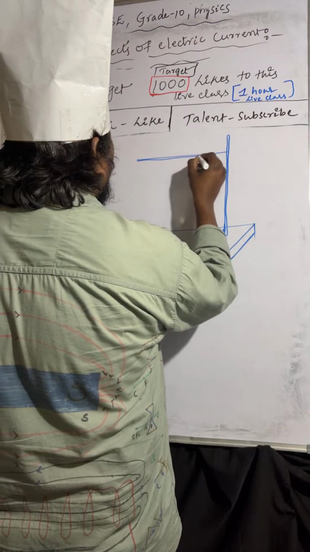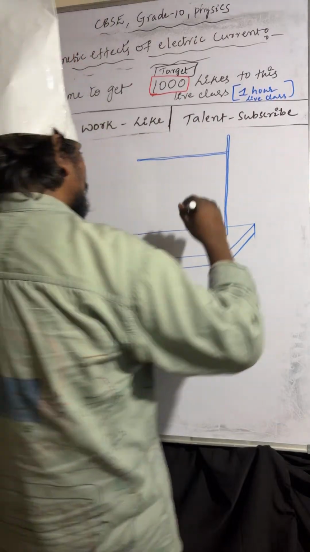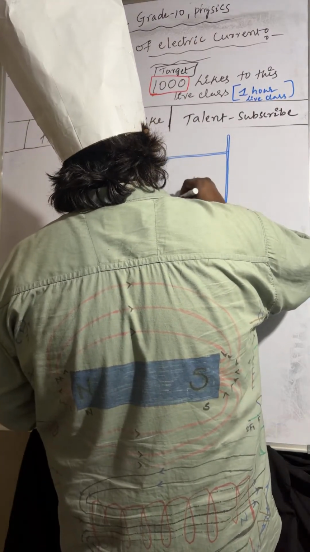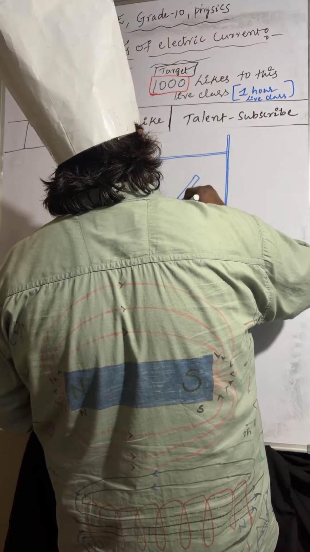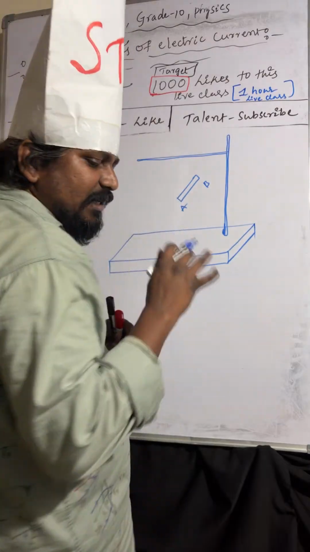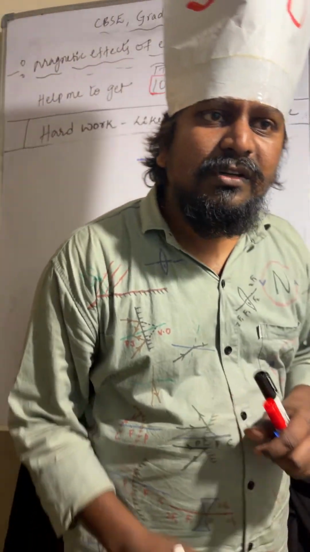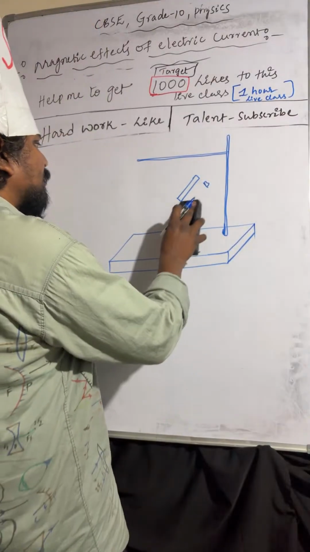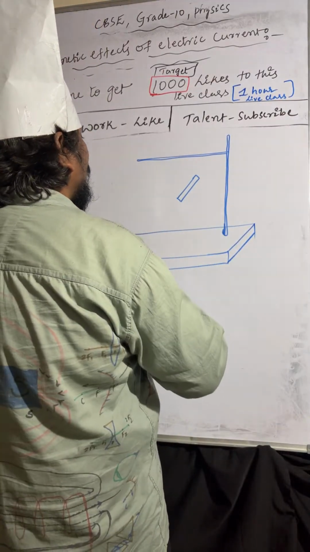A current carrying conductor experiences a force. If you place a current carrying conductor A, B, with current passing through it, in the external magnetic field, you can check here.